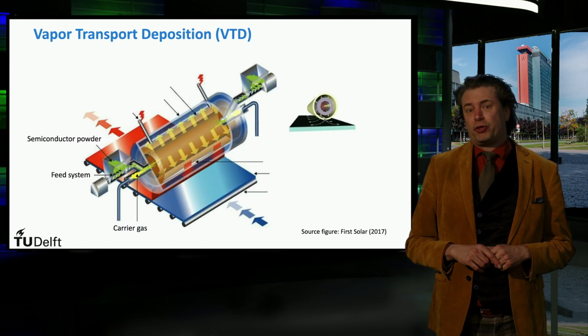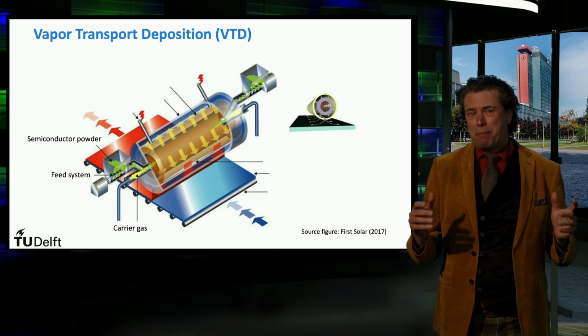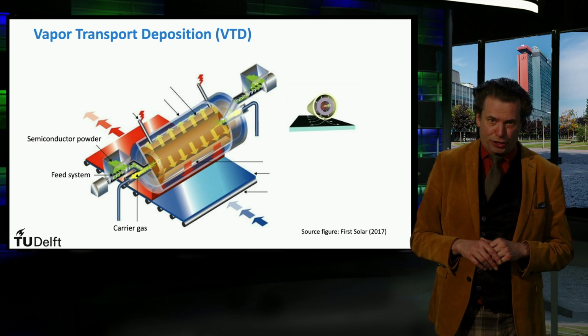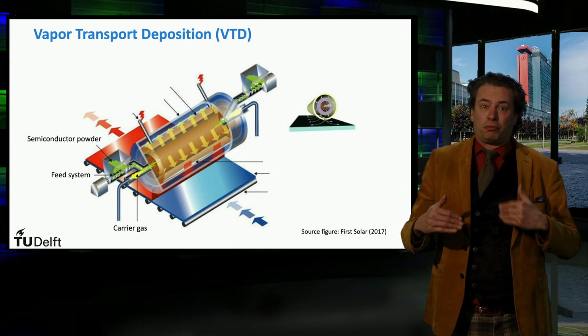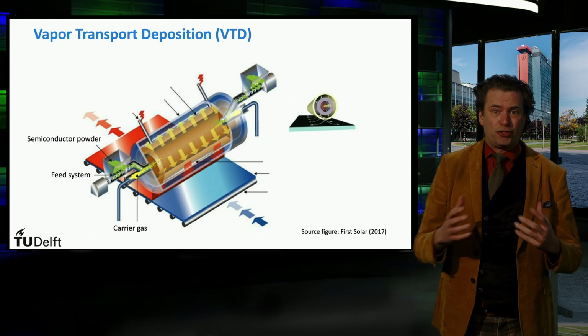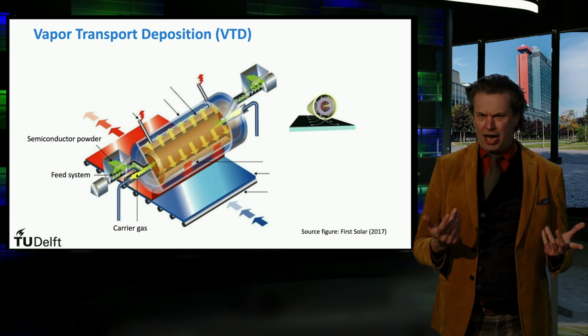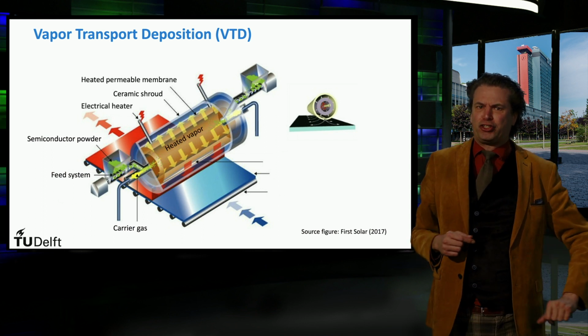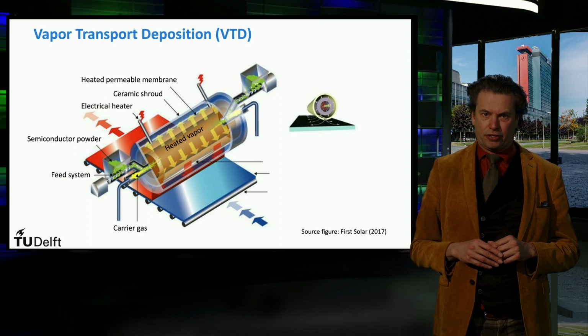Another method to produce a high-grade cadmium telluride layer is by vapor transport deposition or VTD. In this process, the semiconductor material in powder form is sublimated and fed into a reactor together with a carrier gas. Inside the reactor, the temperature of the saturated mixture is increased by an electric heater.